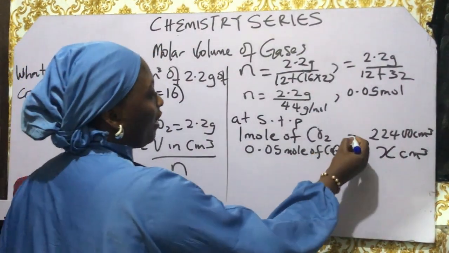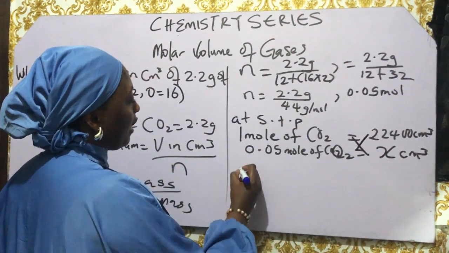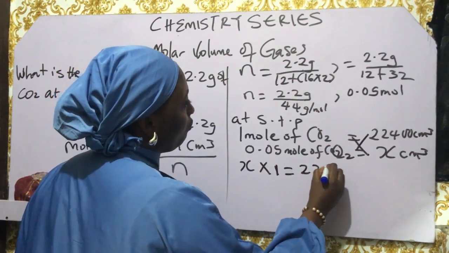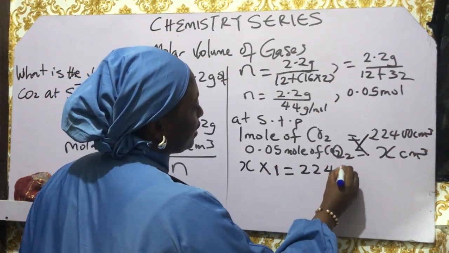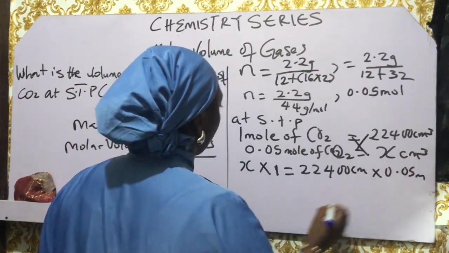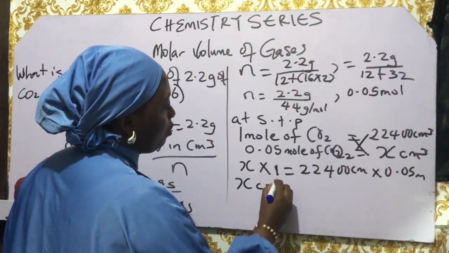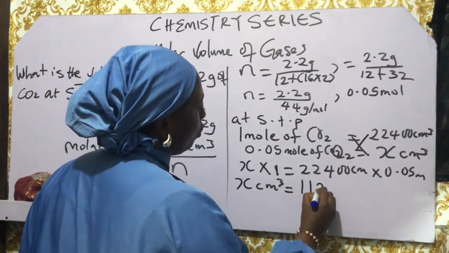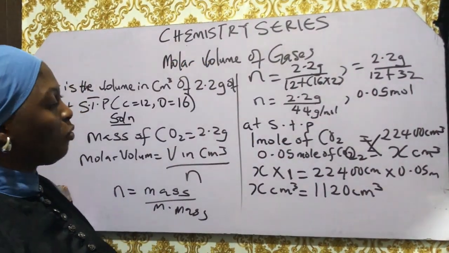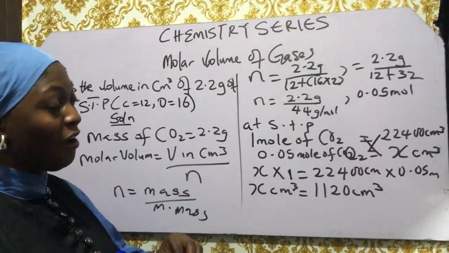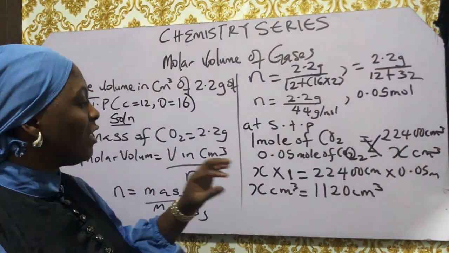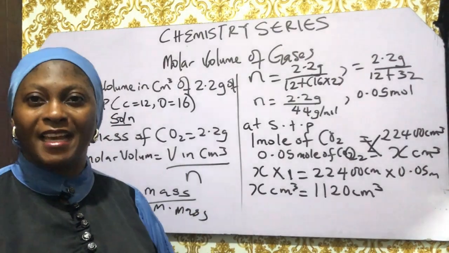Now, to find the value of x, cross multiply, that is x times 1 is equals to 22,400 cm³ times 0.05 mole. So x cm³ will be equals to 1,120 cm³. So the volume occupied by 0.05 mole of carbon(IV) oxide at standard temperature and pressure is 1,120 cm³.